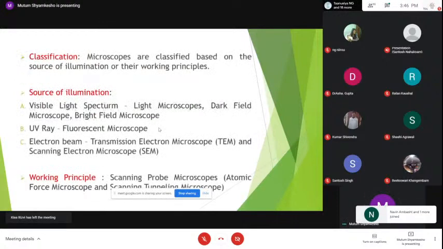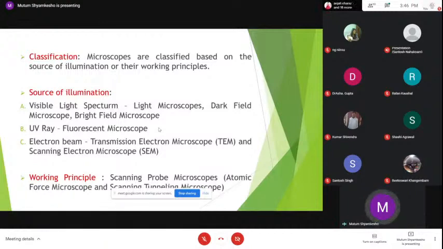When we talk about the classification of microscopes, they are classified based on the source of illumination or their working principles. When we consider the source of illumination, microscopes can use the visible light spectrum, which has a wavelength between 380 and 740 nanometers.